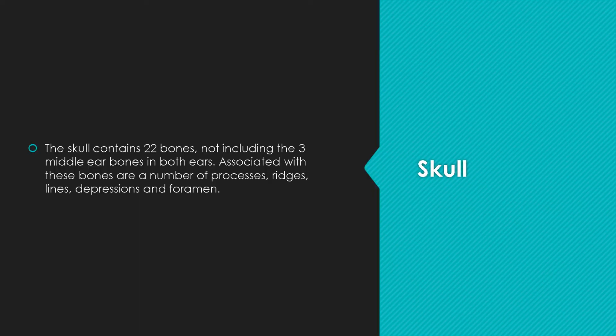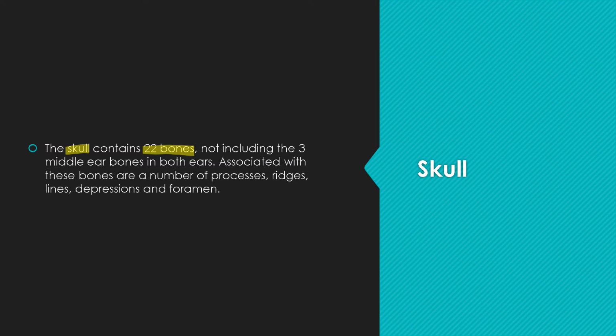So let's talk about the skull. The skull contains 22 bones. This doesn't include the bones of the middle ears. And the skull rests on the superior end of the vertebral column.